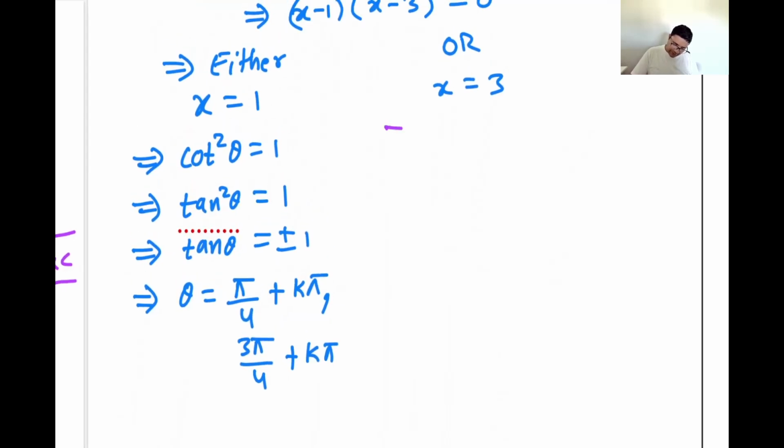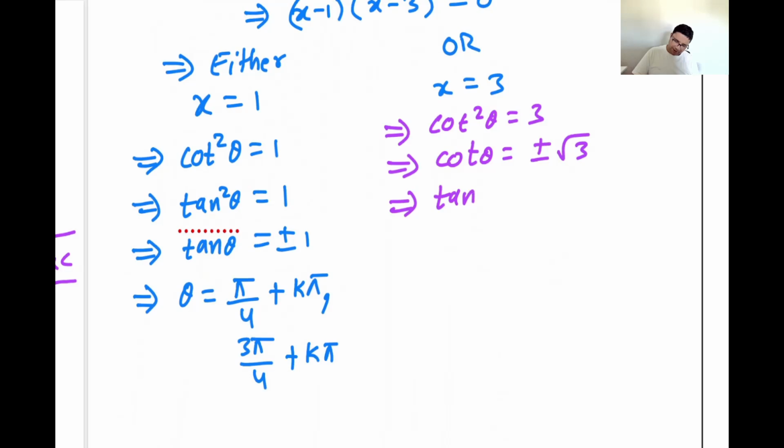On the right side, you get x equals 3, which is cot square theta is 3. So cot theta is plus minus under root of 3. So tan theta will be plus minus 1 over under root of 3.